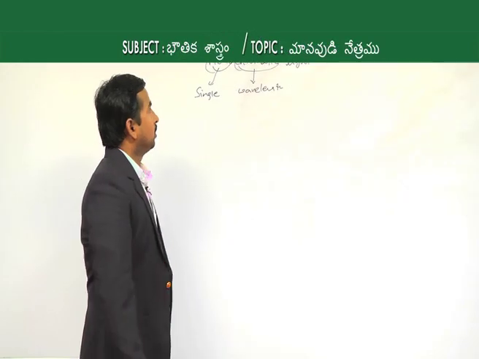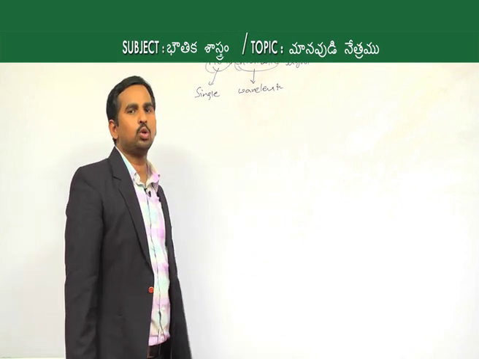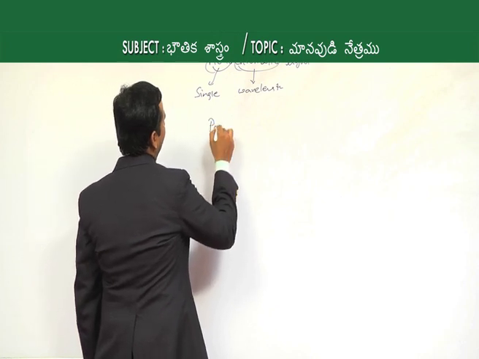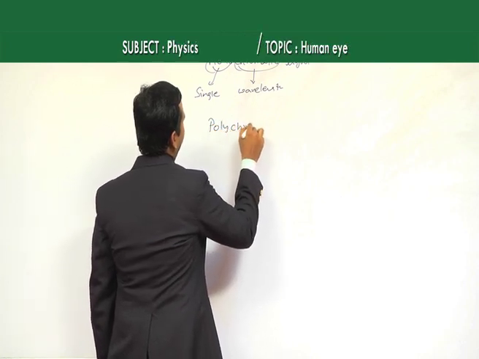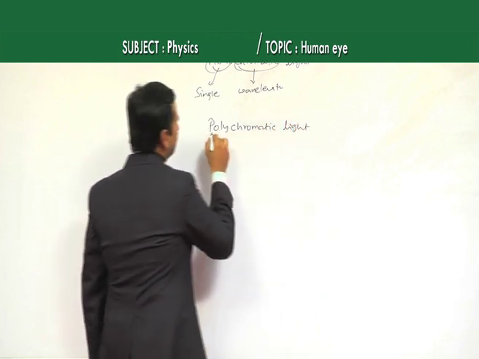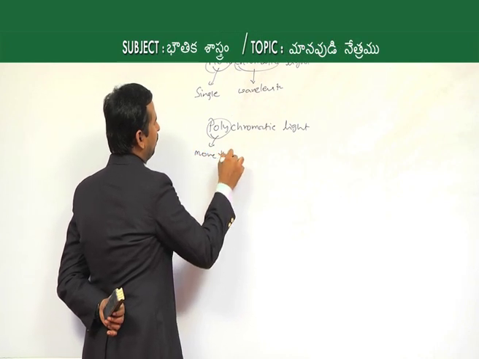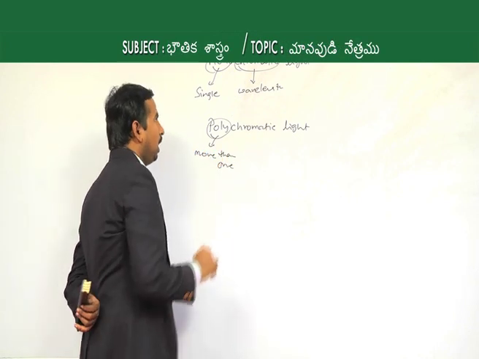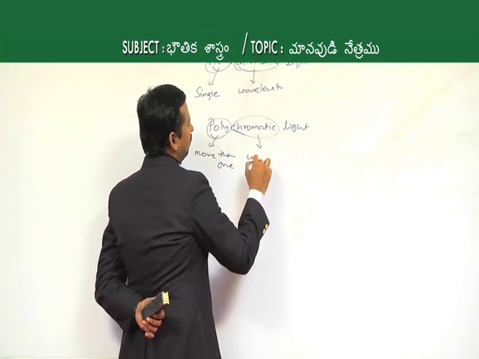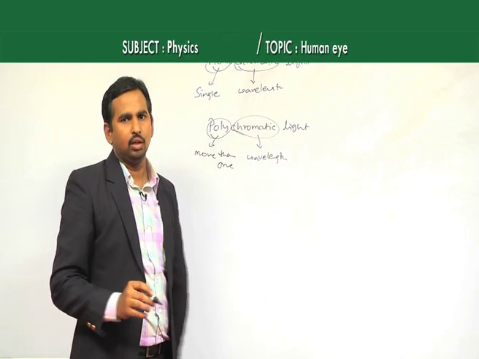Now, we will see the polychromatic light refraction through a glass prism. This one was monochromatic light passed through the glass prism. Now, we are seeing polychromatic light, where poly means more than one, and chromatic means wavelength or color. So, now we are taking a light ray having more than one wavelength.